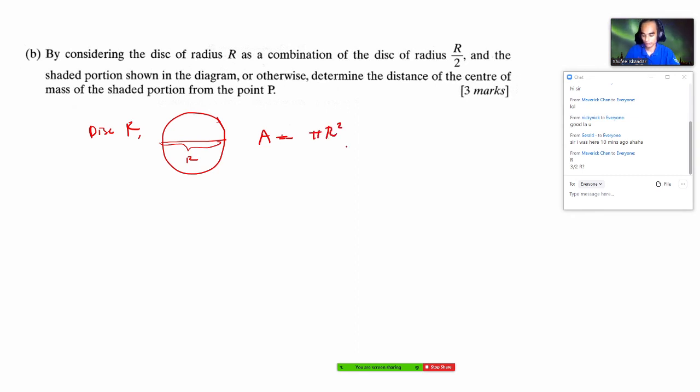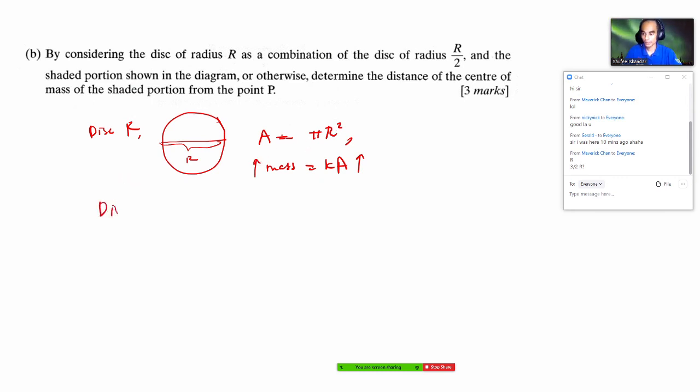Okay, so the mass will be equal to k, a constant, times the area A. You know that as the area increases, mass also increases, so we put a constant k.